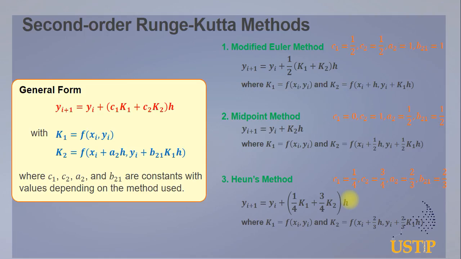So you will just substitute the values for c1 and c2, where k1 is equal to f of xi, yi, and k2 is equal to f of xi plus 2 thirds h, yi plus 2 thirds k1 h. So you will just substitute the values, the constants, no?